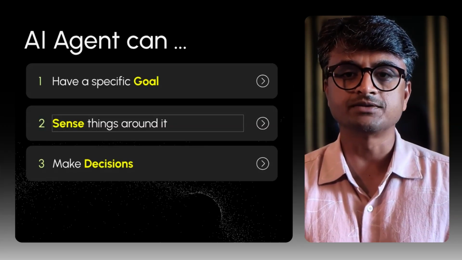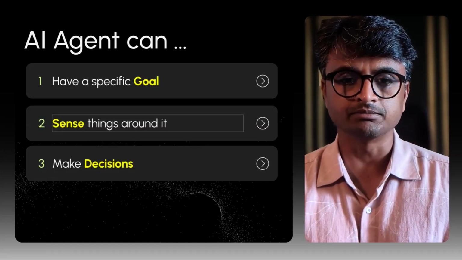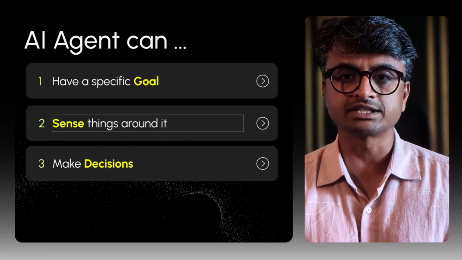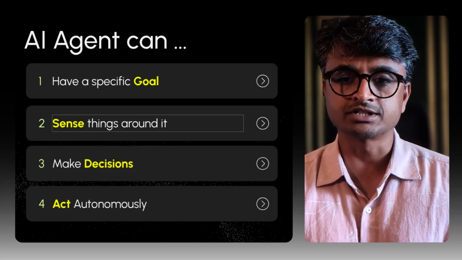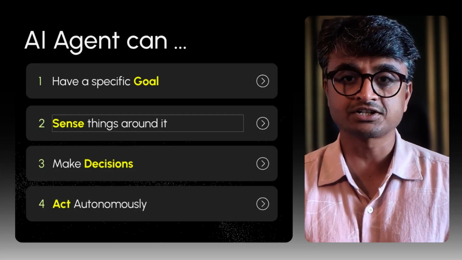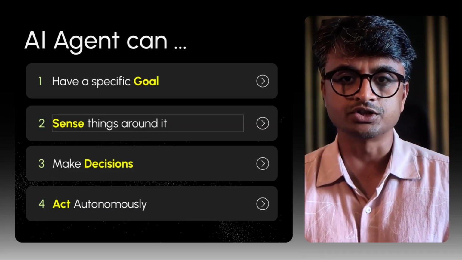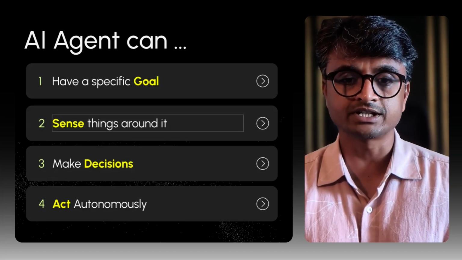It processes information using a brain, often a large language model or LLM. It can plan actions and even decompose complex tasks into smaller subtasks. And it can act autonomously, meaning it can take actions to achieve its goals. These actions could involve using tools, sending messages, or controlling physical systems.